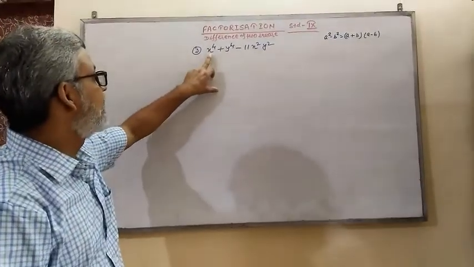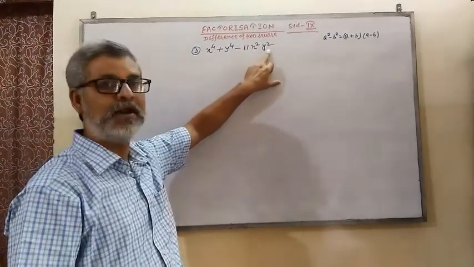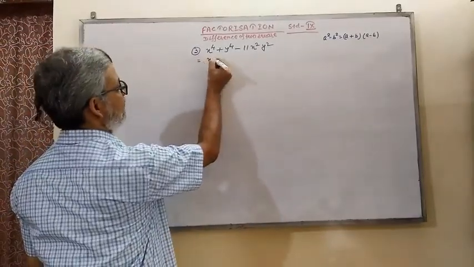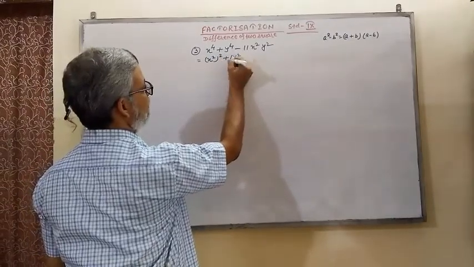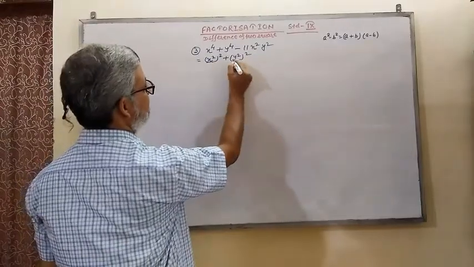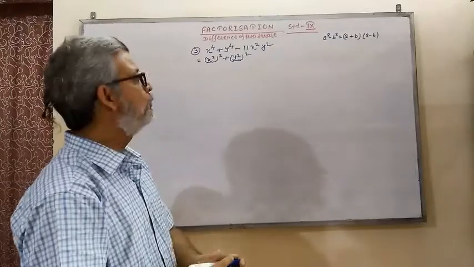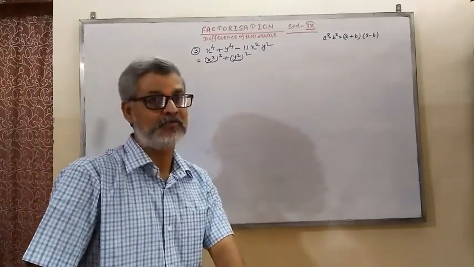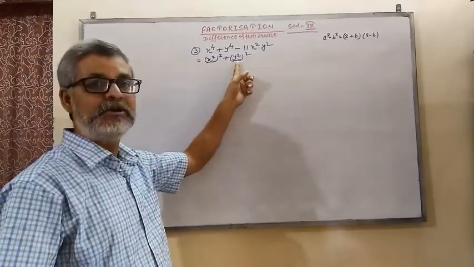Now, next question. X to the power 4 plus y to the power 4 minus 11x square y square. Now you can see this can be written as (x square) whole square plus (y square) whole square. Now if it is a and it is b, a square plus b square, it means 2ab term we will get in the form of x square y square, because in place of a is x square and in place of b is y square.